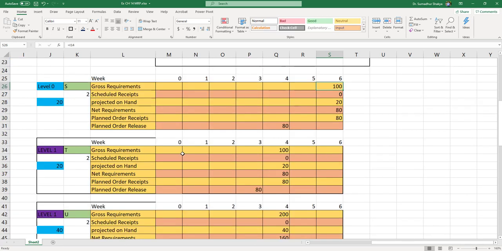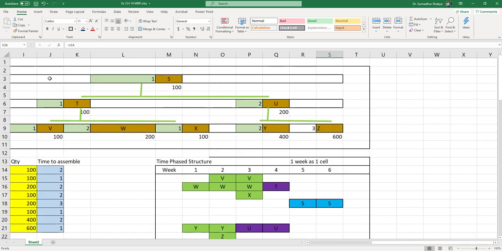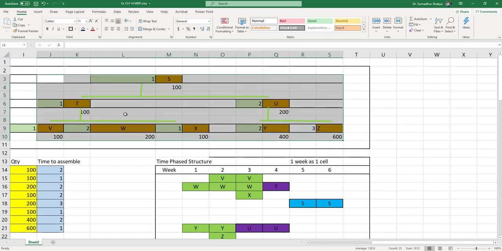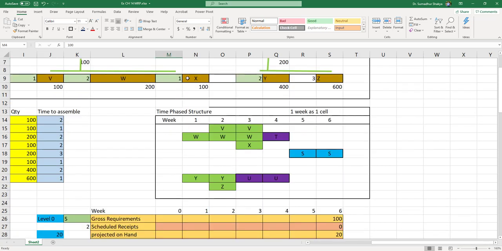Now although this is not asked in the question, I'm going to use the same information to give you the full detail. So far, we made the product structure first. We kept the interrelationship live, so if I need to change this number, then all the other information can be changed as well.